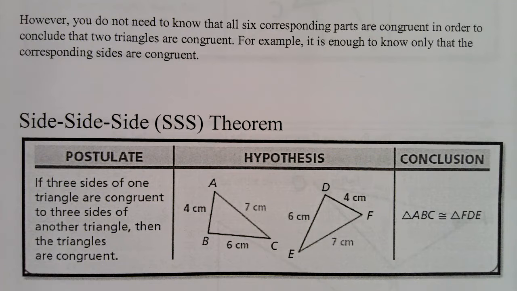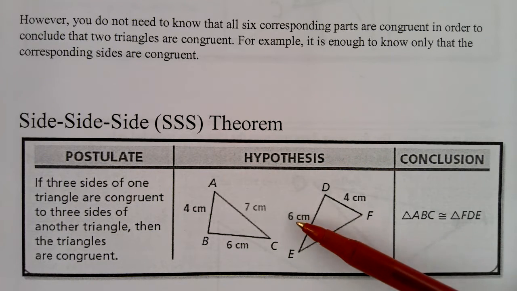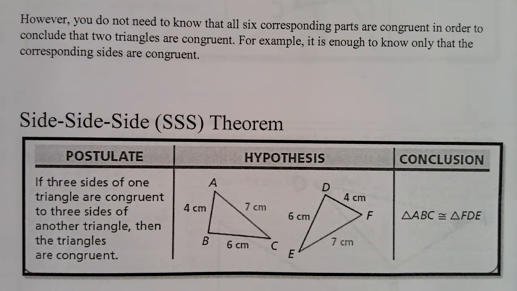So you don't have to know anything about the angles for this problem. As long as you know that 3 sides of one triangle are congruent to 3 sides of another triangle, then you can say the 2 triangles are congruent. That's the first shortcut, side, side, side, or SSS for short.